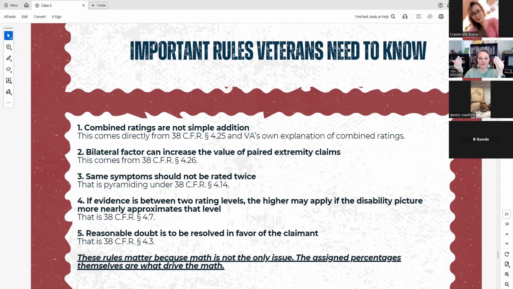Or same with if you have a nexus statement that says your migraines are due to your neck condition, and then you have this C&P examiner who says no, they're supposed to give the reasonable doubt in favor of the veteran. So knowing these laws and these rules is important for veterans, because you have to know what you are entitled to.